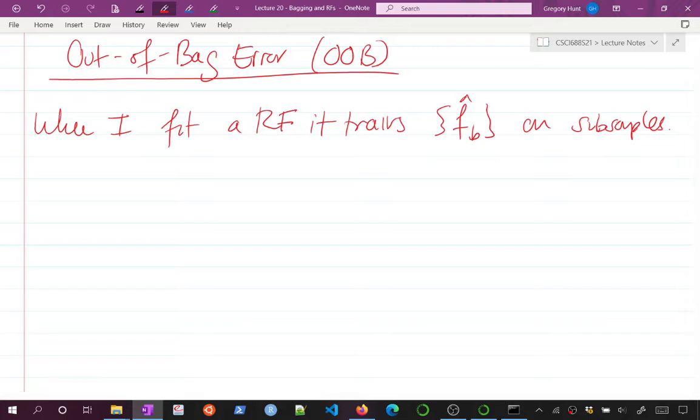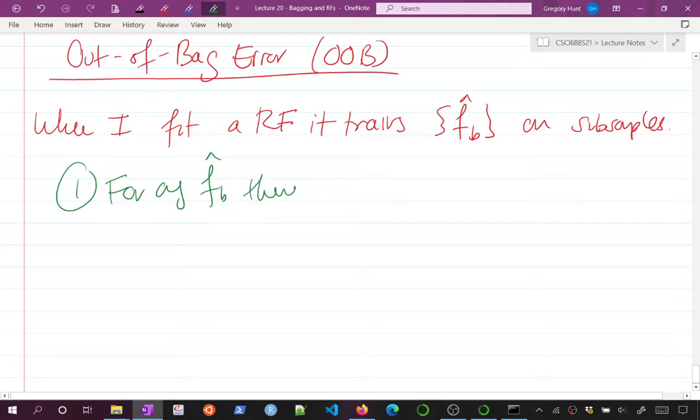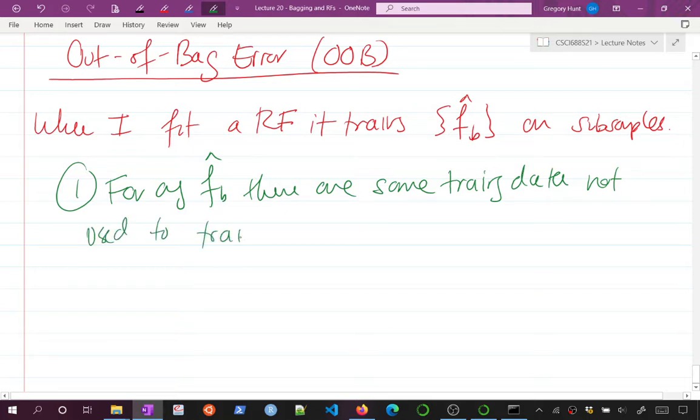One way of thinking about this is that for any f_b hat, there are some points very likely not used to train it. Because I take a random subsample when I fit each of these base learners, the f_b's, there is very likely some data in my training data that doesn't make it into the random sample for f_b.